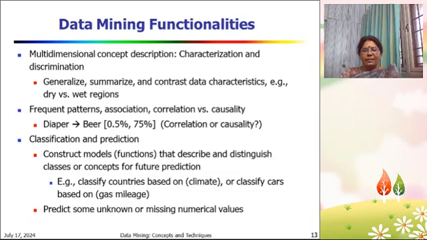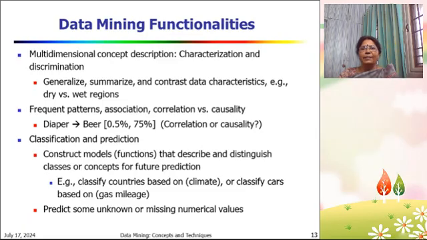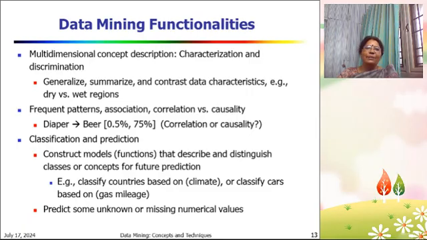Generalize the characteristics derived from the given data set, or summarize the features, or contrast data characteristics. What are the characteristics that discriminate dry and wet regions? What are the characteristics that discriminate slow and fast learners? And then what are the frequent patterns?